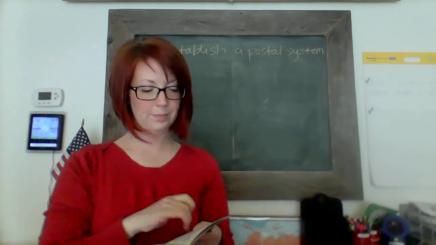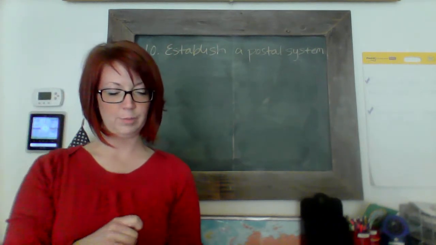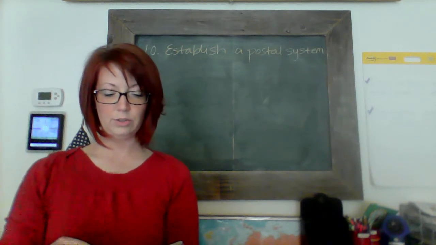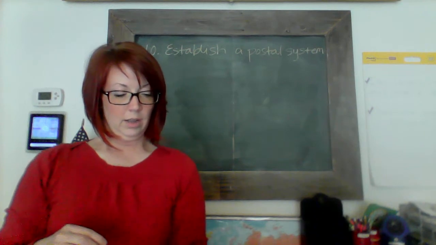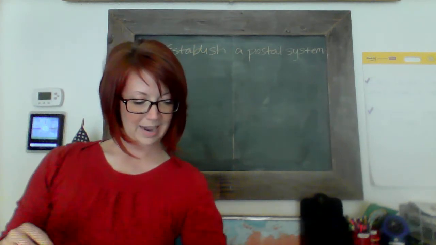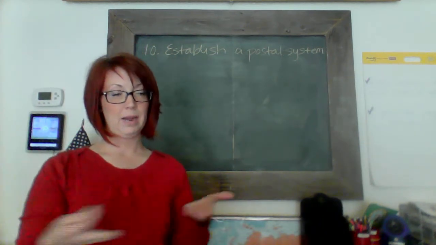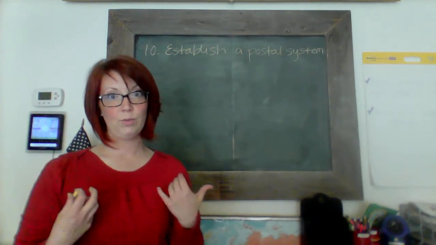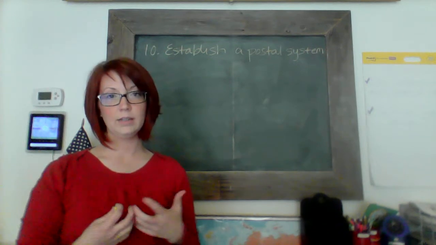This is kind of a cool one. To promote the progress of science and useful arts by securing for limited times to authors and inventors the exclusive right to their respective writings and discoveries. This is the power to grant patents and copyrights. If you write a paper, write a book, invent something, you have the right to say that I own that invention. It's called intellectual property.